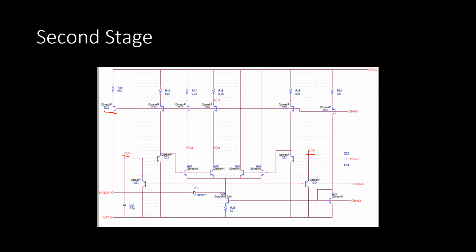Transistors 15, 16, 17, 18, 19, and 20 are mainly for biasing. The input from the bias stage, bias 1, is applied to the bases of each of these transistors to achieve the various currents that are needed throughout the second stage.